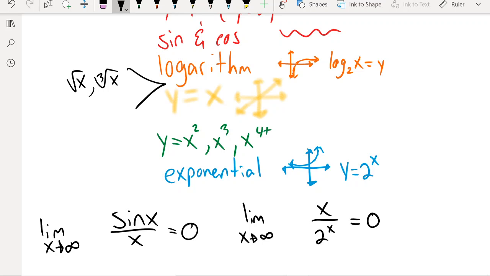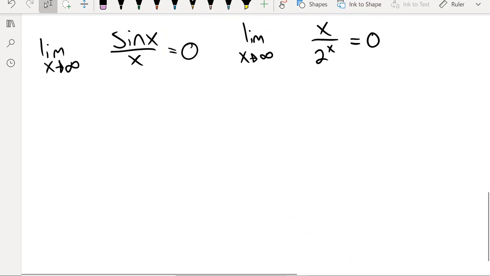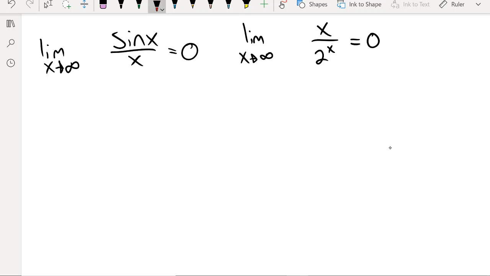Now, the other thing that happens with infinite limits is if you have the same thing on the top and the bottom, then it's going to approach something else besides 0. So for instance, let's say I have a polynomial, right? So actually, let me change this color back to red. So let's say I have 3x squared plus 1 over 2x squared minus 7.